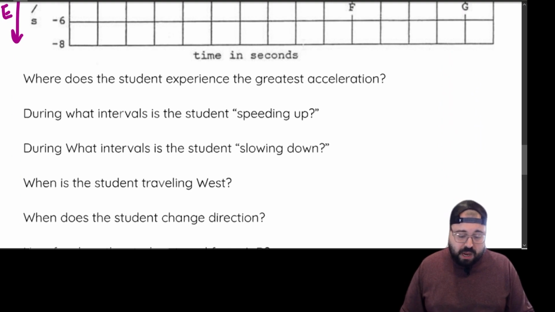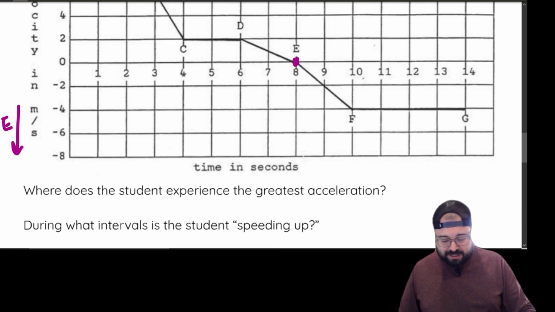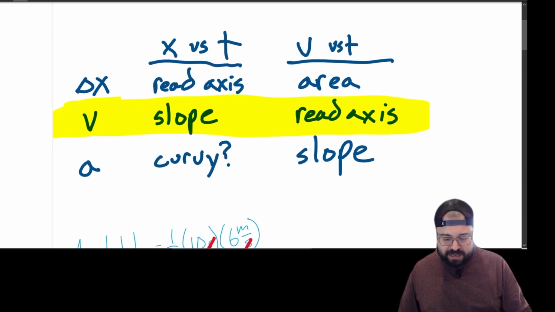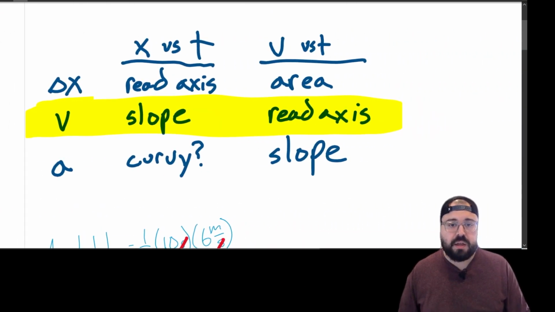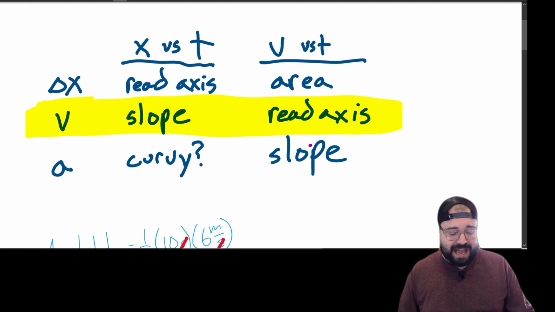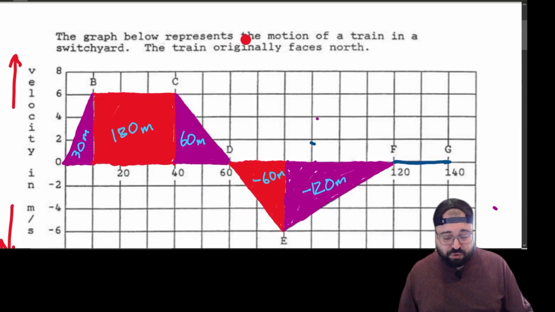So next, the first question here, where does the student experience the greatest acceleration? So let's just take a moment here to come back to kind of this little chart that we made. If I want to know my acceleration on a velocity versus time graph, I need to look at my slope. So I'm going to look at this and I'm going to see, okay, greatest acceleration.